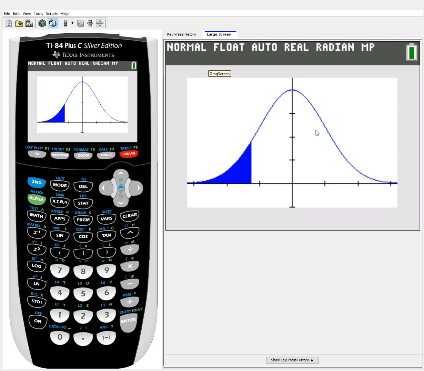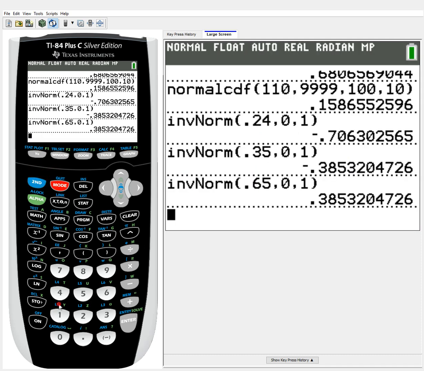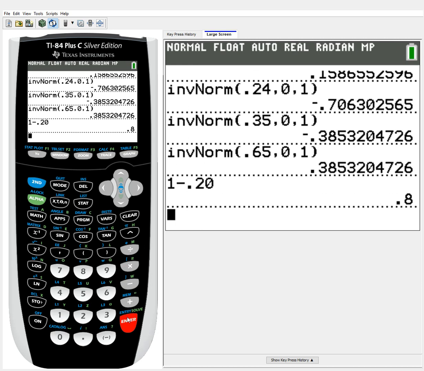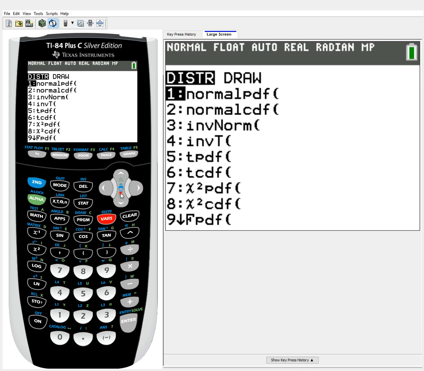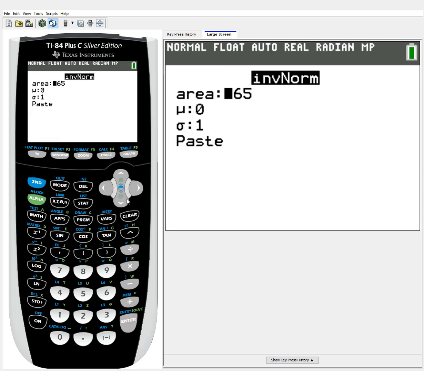Now, because inverse norm always works with the percentage on the left, I need to do a quick complement calculation. If there's 0.20 on the right, then that means there's 0.80 on the left. 1 minus 0.20 gives you 0.80 or 0.8. So, to find that z-score, I do inverse norm.